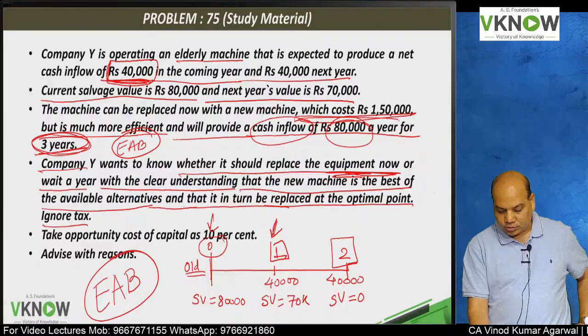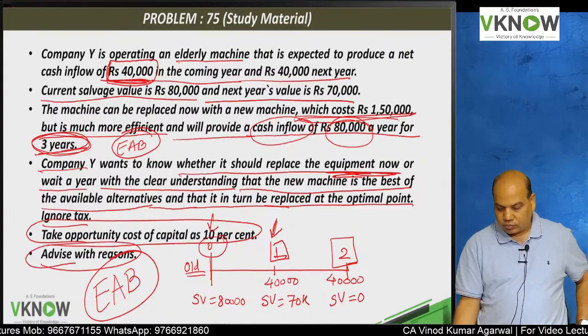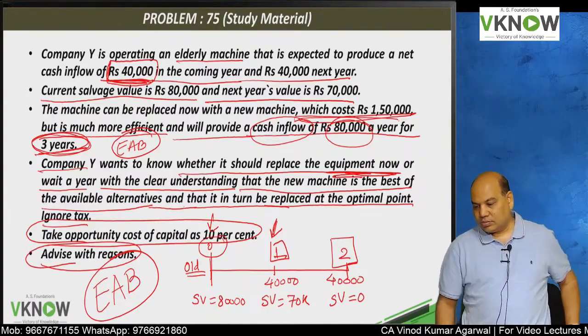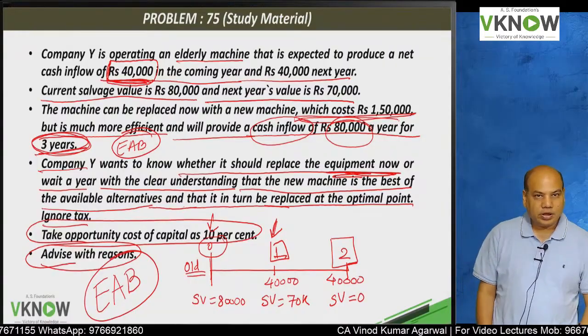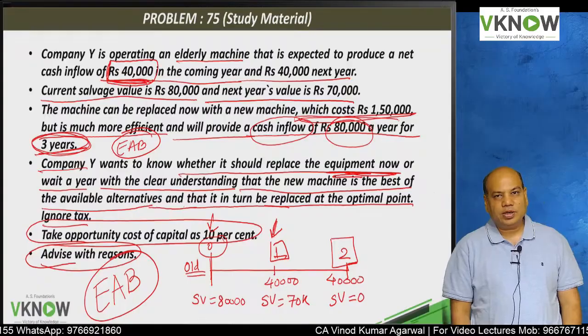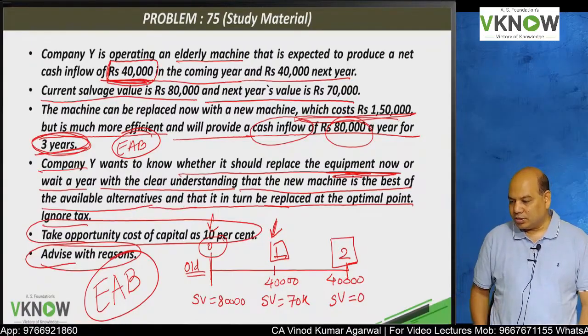Ignore tax. Opportunity cost of capital is 10%. Advice with reason. What is the reason? Wherever the equivalent annualized benefit is more, I am going to select that. Is it right?